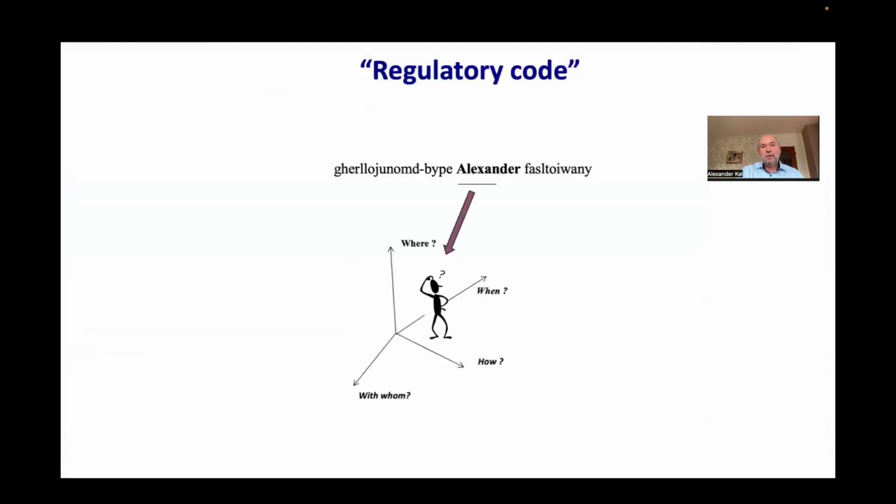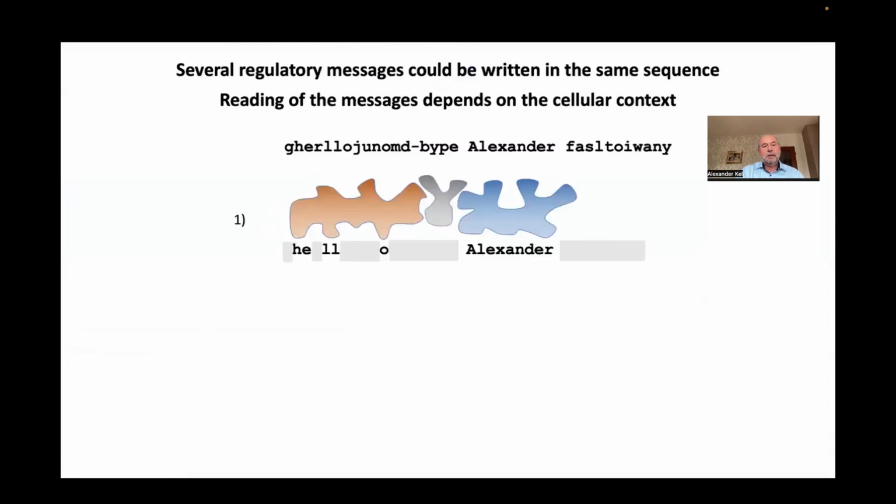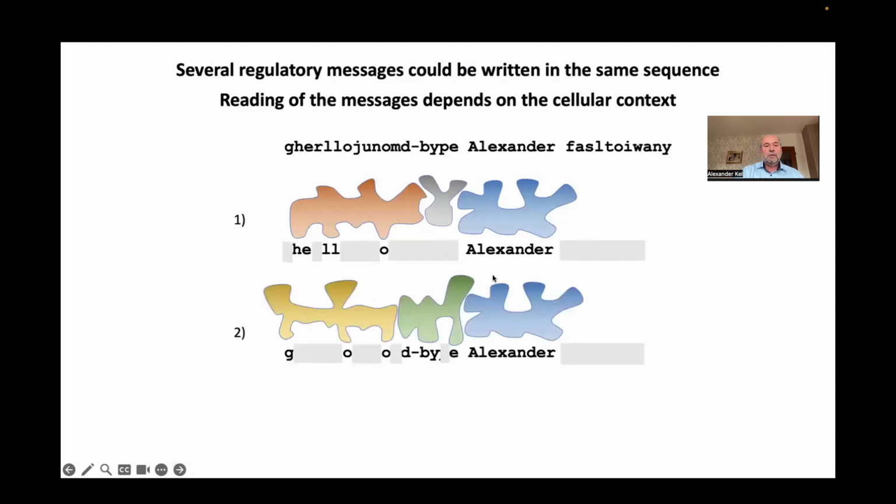Okay, so when we talk about this regulatory code, I just want to finish. As I said, we don't know what is written here in this text, but by trying to reconstruct this text by typical text reconstruction with the concept that words shouldn't overlap, we may not find any meaning in it. But if you take the concept that words can overlap, then you can read it. For instance, you can read here, hello, Alexander, or you can read goodbye, Alexander.